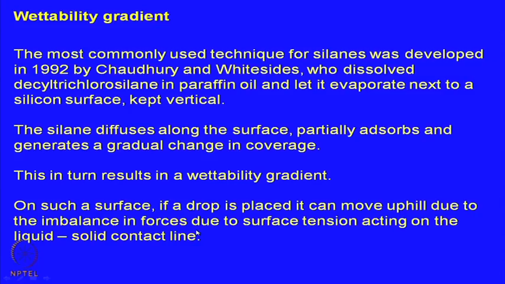Okay. So, for wettability gradients, the most commonly used technique, for silanes, was developed in 1992 by Chaudhury and Whitesides. All they did was they dissolved decyltrichlorosilane, I am sorry, I can't pronounce the name of the silane properly, in paraffin oil and let it evaporate.